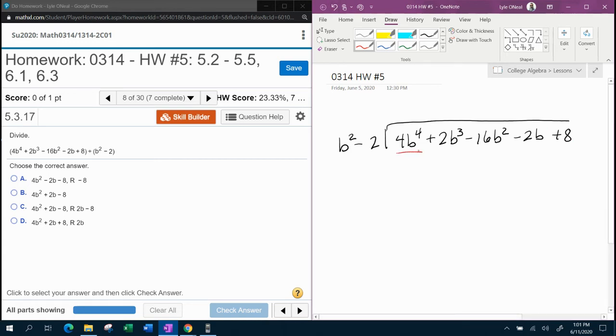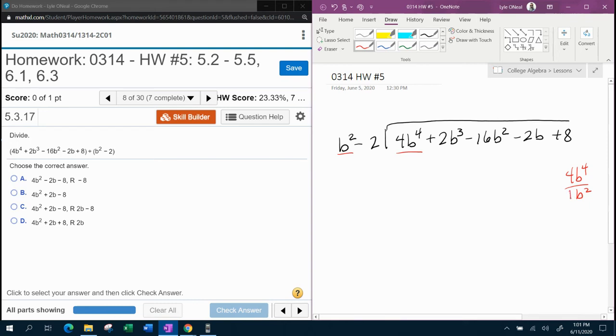We need to take the first term of the dividend and divide it by the first term of the divisor. So we're going to have 4b to the 4 divided by b squared, and that's going to give me the first term of the quotient.